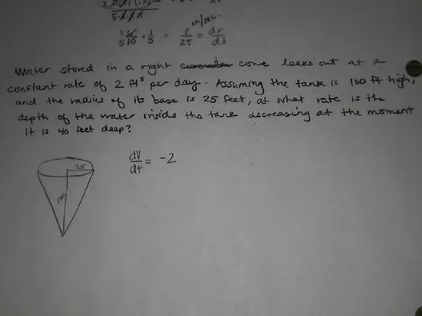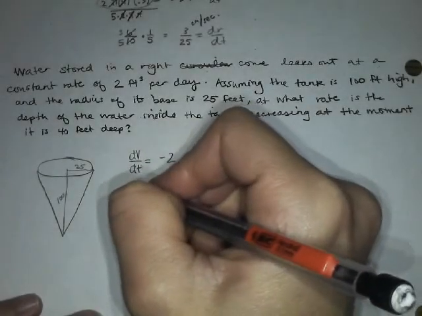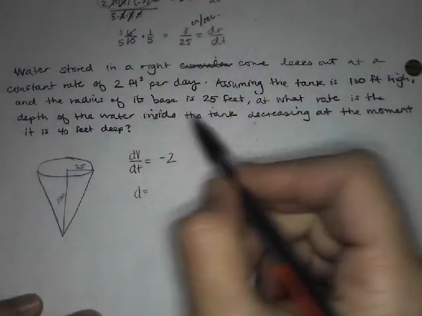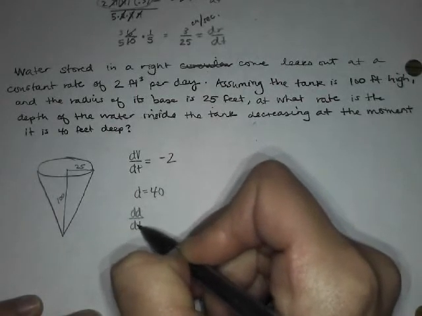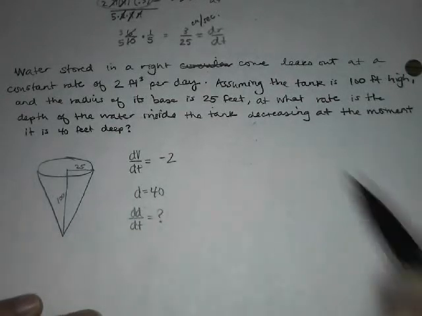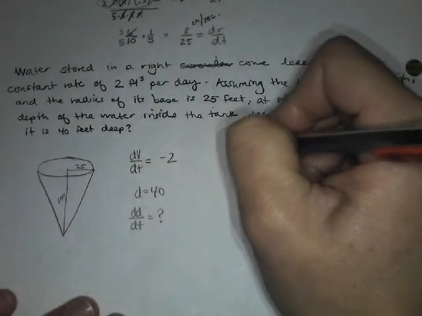Yep. So at the moment that the depth is 40, we're looking for the rate of change of the depth. So it's a volume equation, 1/3 pi r squared, I'm using d instead of h.